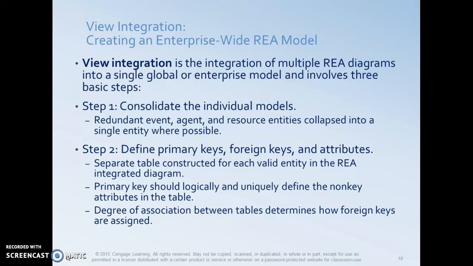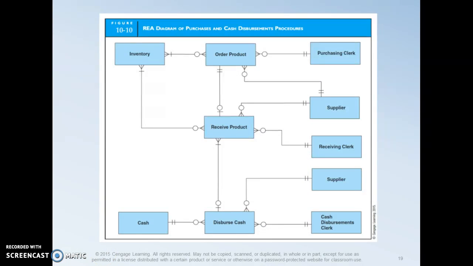You're going to define primary keys, foreign keys, and attributes. A separate table is constructed for each valid entity in an REA integrated diagram. The primary key should logically and uniquely define the non-key attributes in the table, and the degree of association between tables determines how foreign keys are assigned.